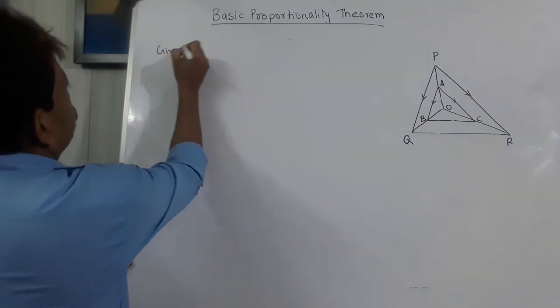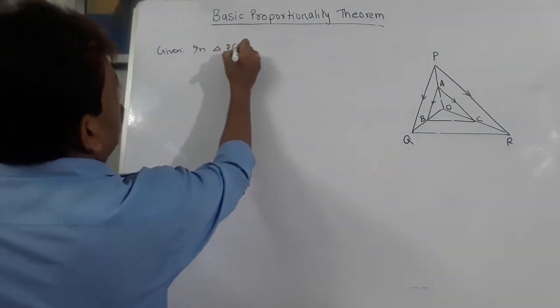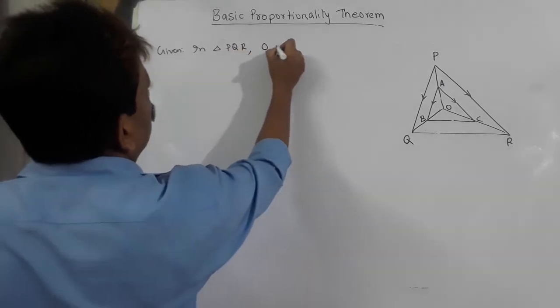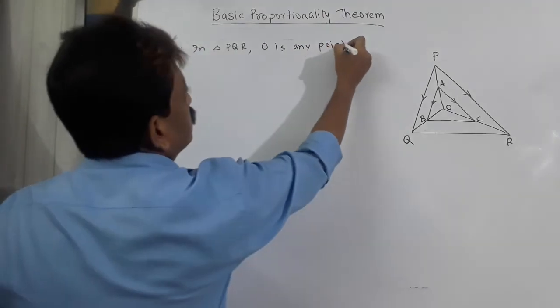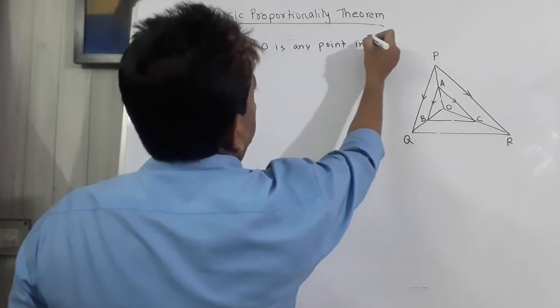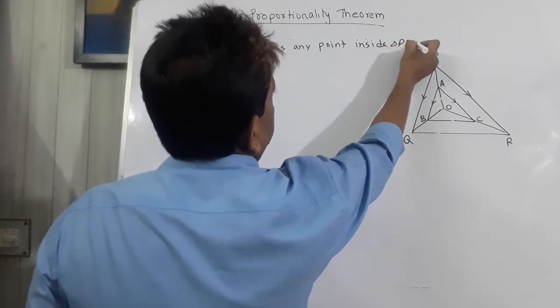So given: in triangle PQR, O is any point inside triangle PQR.